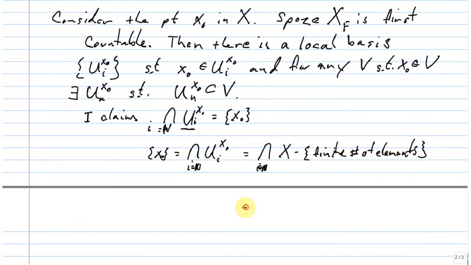Now we use our De Morgan's laws to write this as big X minus a union, keep mixing up my u's and my unions, but the union over I in the natural numbers, in other words a union of a countable number of finite sets of elements.